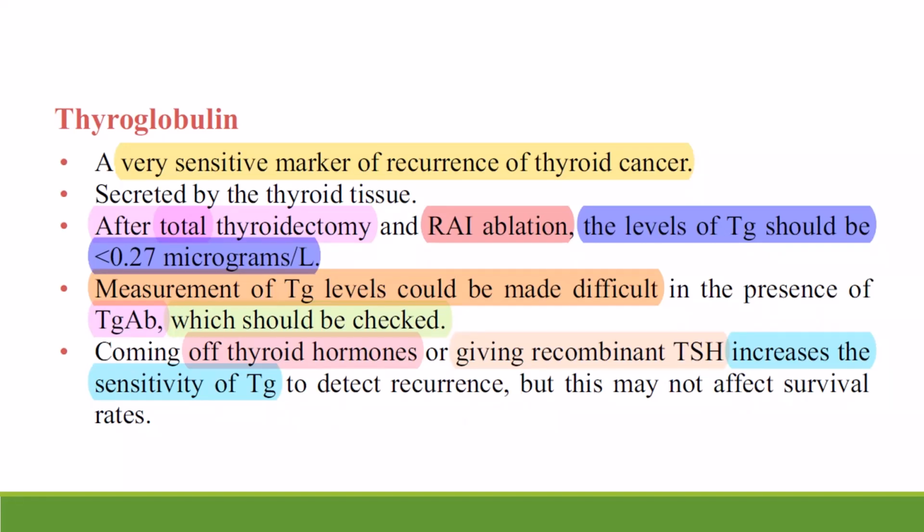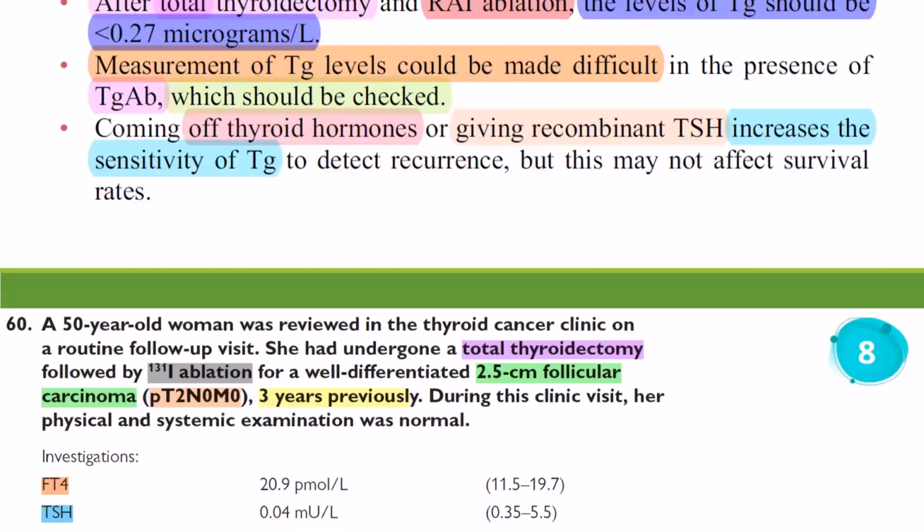If TG antibody is positive and TG is low, this may be a false low result and thyroid recurrence may be present. But if TG antibody is negative, TG is an accurate method for follow-up of a patient with differentiated thyroid carcinoma. And of course, stopping thyroid hormone or giving recombinant TSH increases the sensitivity of TG. This is stimulated TG by recombinant TSH, and I will discuss it after a few slides.